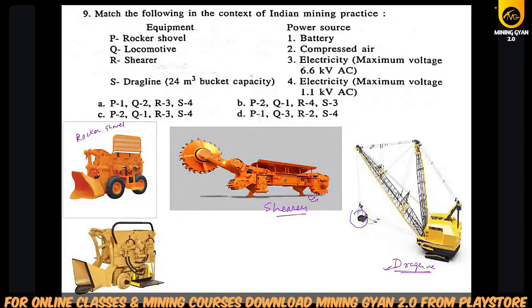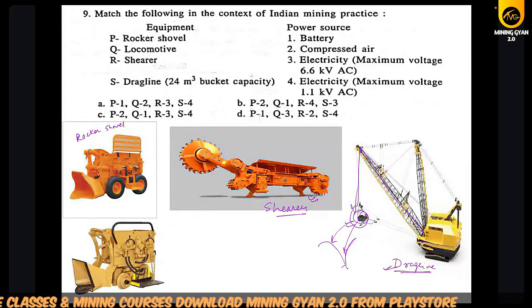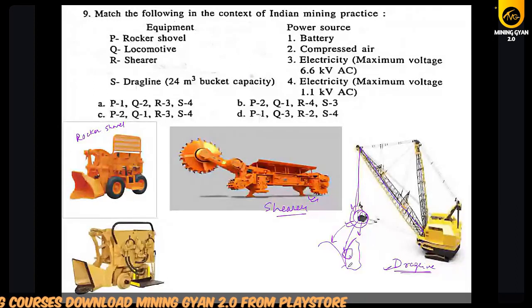Its boom is known by its boom length and its bucket capacity. It throws this bucket, and due to the weight of the bucket, it will cut the blasted material. It will be soft or fine blasted material.